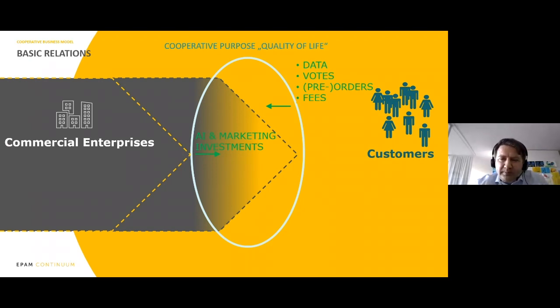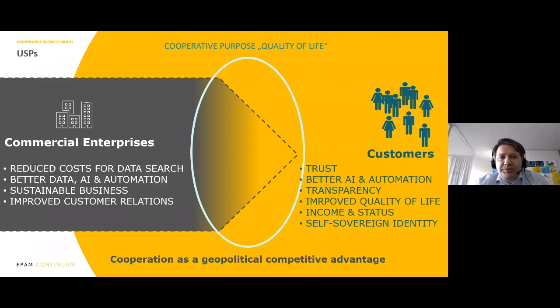It's another form of why people would be forced to go on the cooperative or that kind of platform. And what would be the USP, or what do you get out of these cooperative organizations? I would like to formulate it in the form of USPs. On the commercial side, you will of course have reduced cost for the data search. All the private data I would need as an enterprise would be available within this construction.